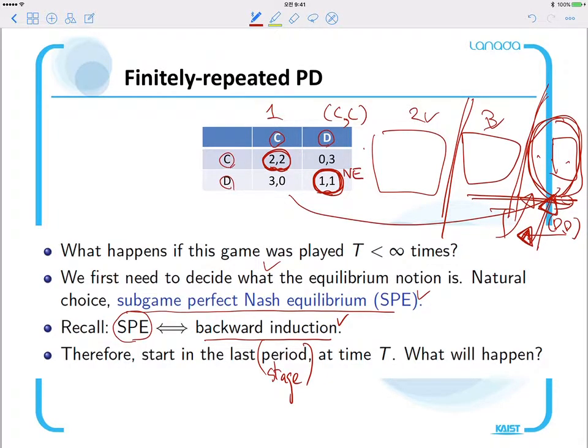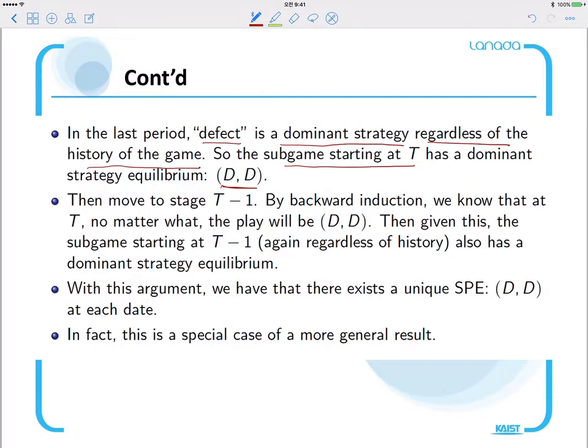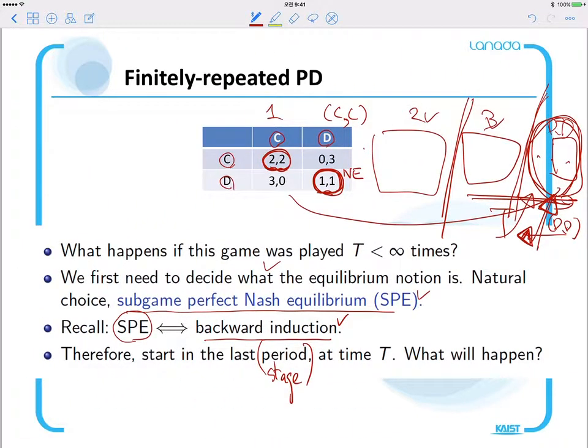Again, I'm running the backward induction. We know that D, D will be played, and no matter what happens, the players will choose D, D. Otherwise, if we choose other strategies, then obviously that's not a Nash equilibrium.